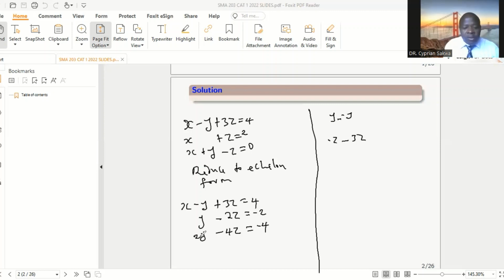And of course, this third equation can be divided through by 2, which is common. So let's just do that.